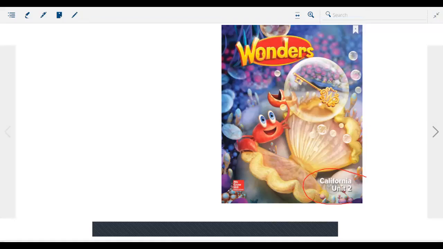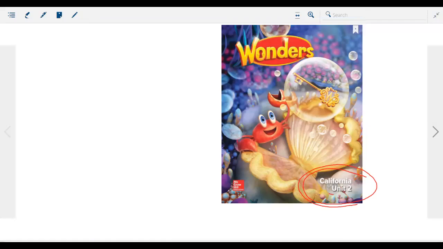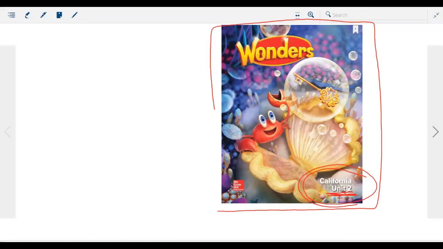So I want you to get out your reading books here and make sure it's Unit 2. So when we hold our books, we always hold our books upright. Now, this is the front cover.